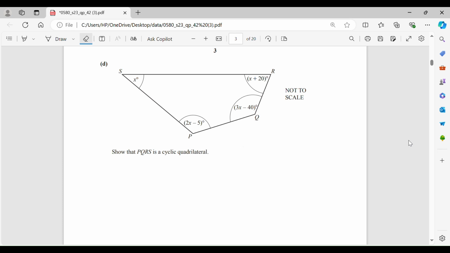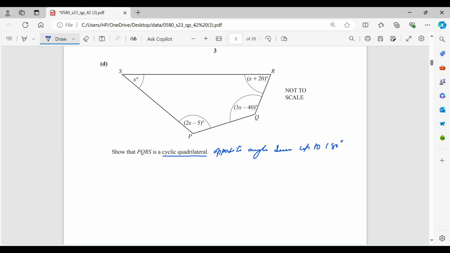Next part, D part. Show that PQRS is a cyclic quadrilateral. For a cyclic quadrilateral, opposite angles sum up to 180 degree, right?